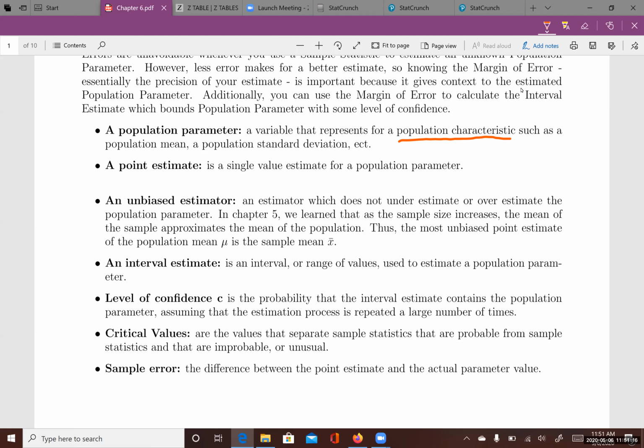For example, if the population is normally distributed, then the sampling distribution is also normal, and you can use the mean of the sample distribution to estimate the mean of the population. So the mean of the sample distribution is a point estimate for the mean of the population.